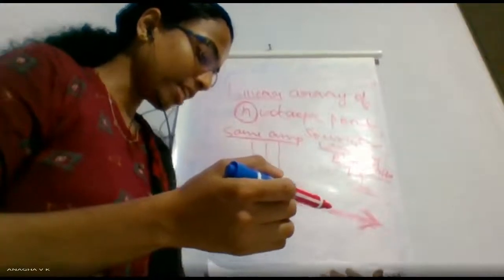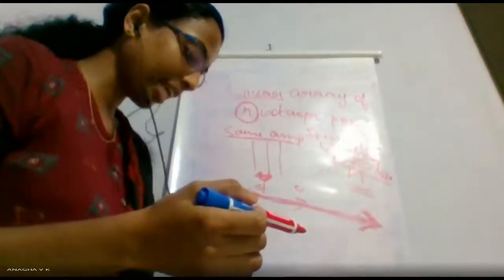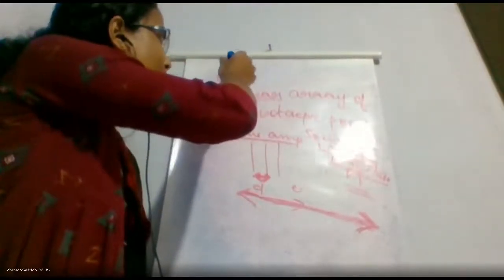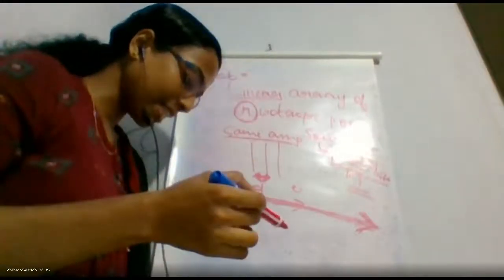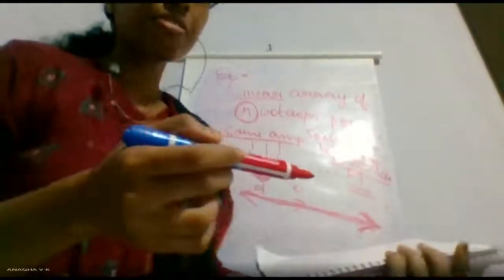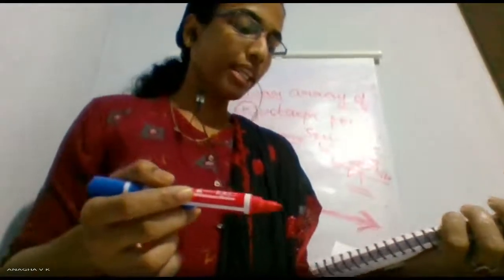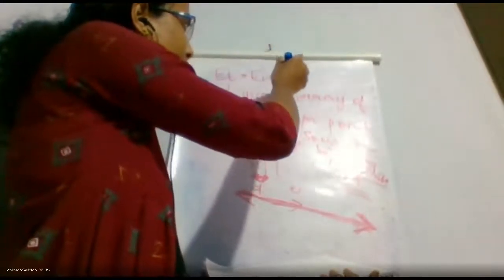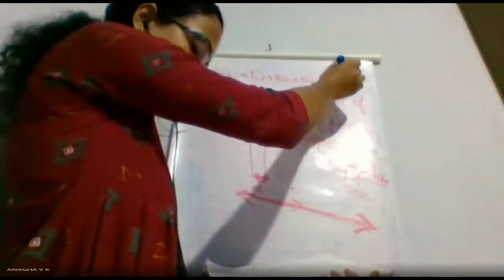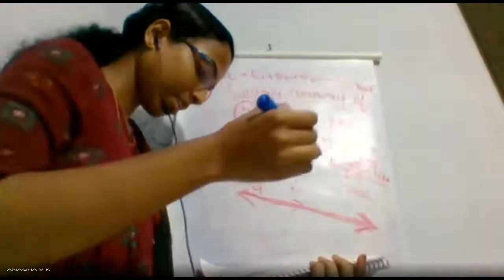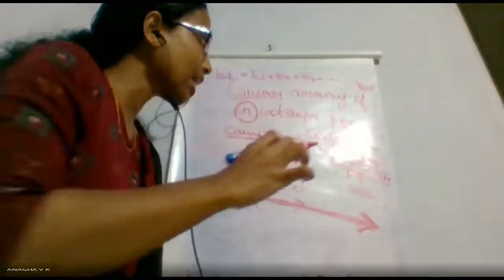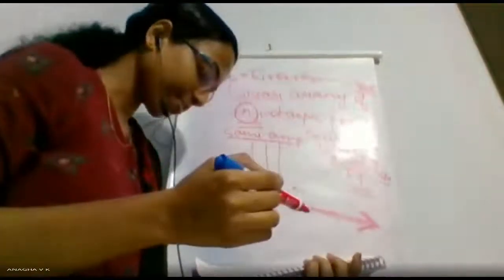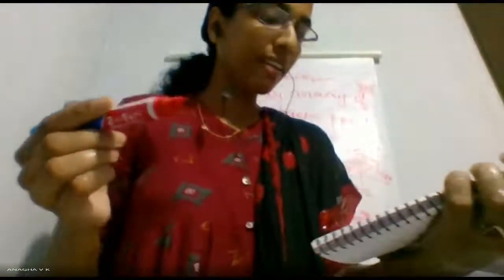Therefore, what is the total field pattern at a distant point P? We indicate the field pattern by its amplitude. So Et equals E1 plus E2 plus E3 plus, and so on, up to En.